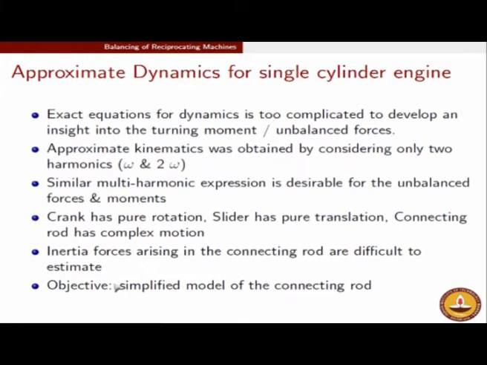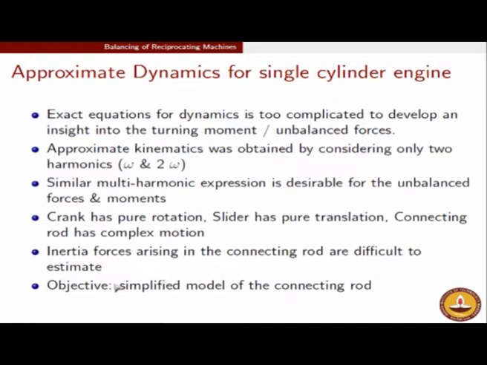So, the connecting rod has been identified as the main culprit which prohibits our insight into the solution. We will try to attain a simplified model of this connecting rod and get around this difficulty. We know exactly how the acceleration of the center of mass is going to change with time, but that is not representable by a simple formula.